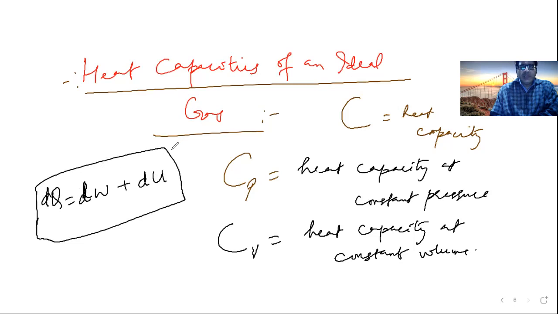Change in internal energy of the system. We have already discussed this result. We said that it is actually the statement of conservation of energy. It says if I am putting some heat into the system, it will be partly used by the system in doing work on its surroundings and partly in increasing its internal energy.